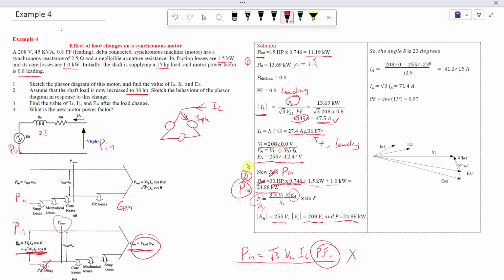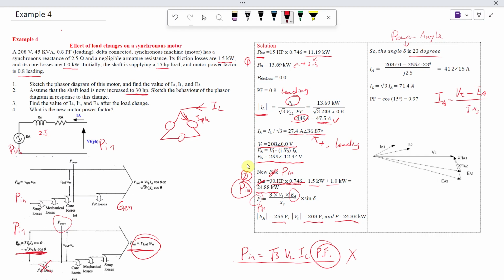Then we calculate delta, the power angle, which is 23 degrees. And then we can use Ohm's law. IA equals VT, a phasor, minus EA, another phasor, divided by jXS.